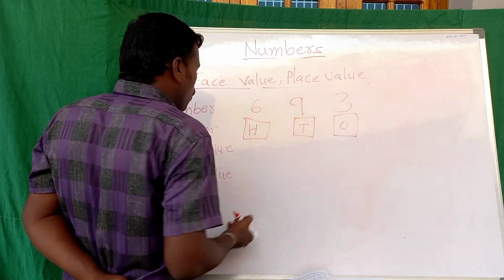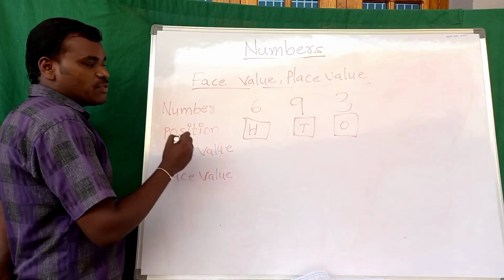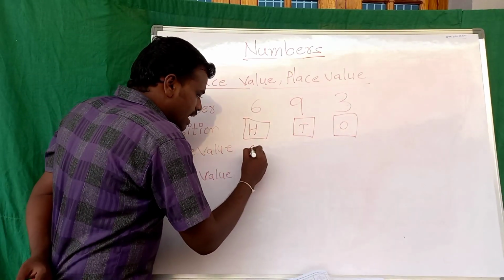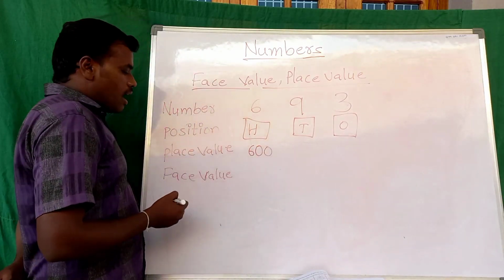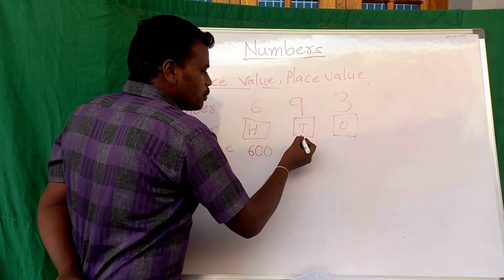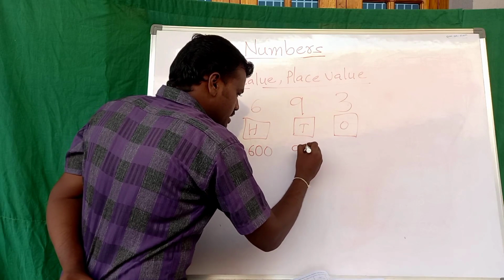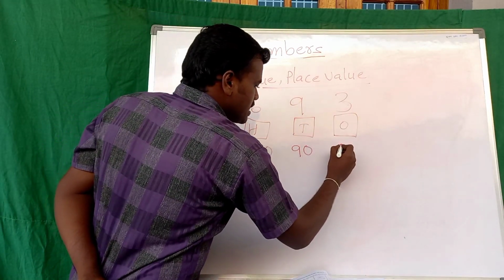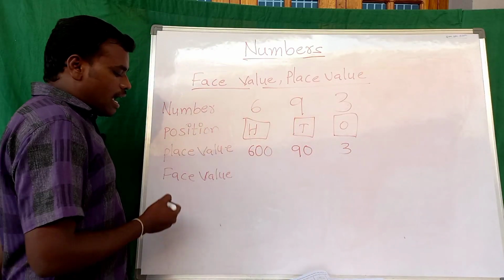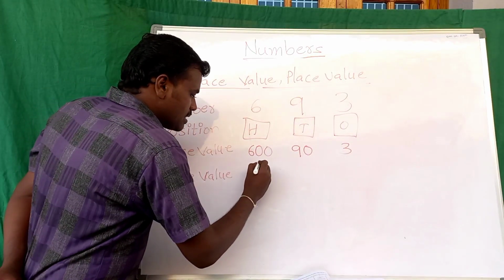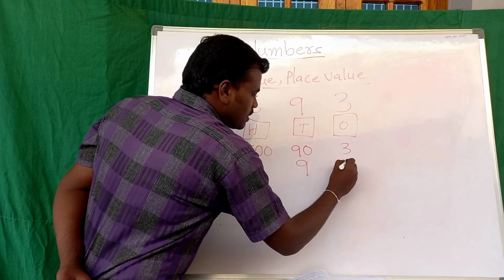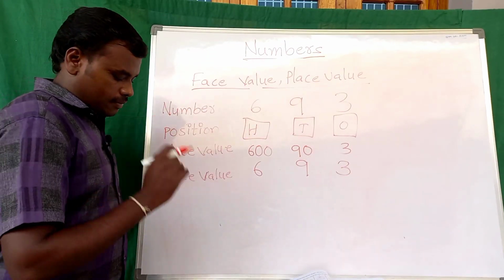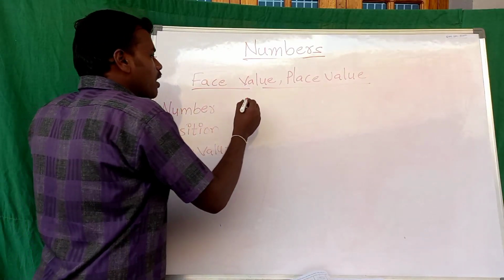Its place value: 6 is in the hundreds room, so it is 600; 9 is in the tens room, so 9 tens is equal to 90; and 3 is in the ones room, so it is 3 only. The number is 693.